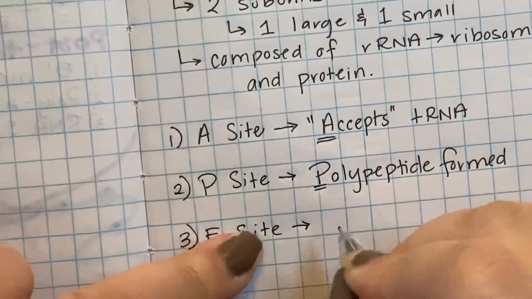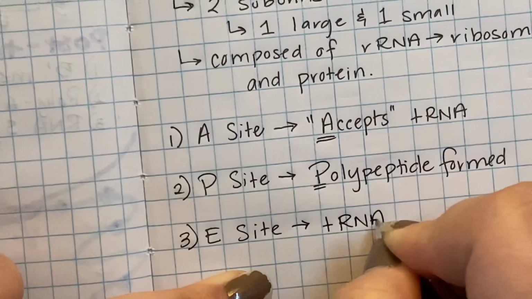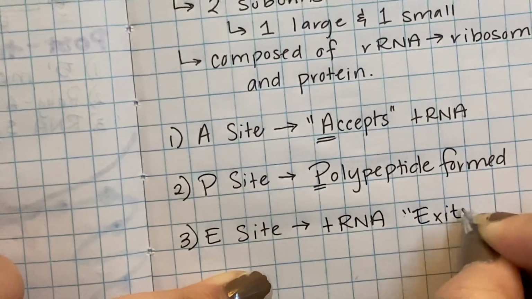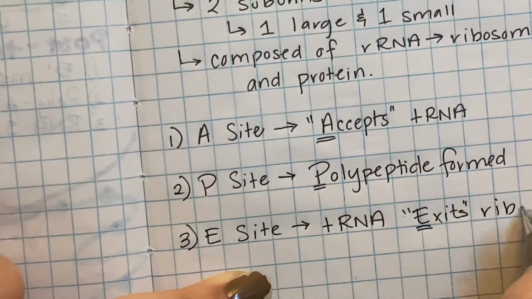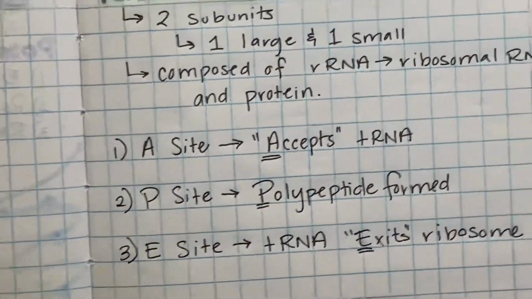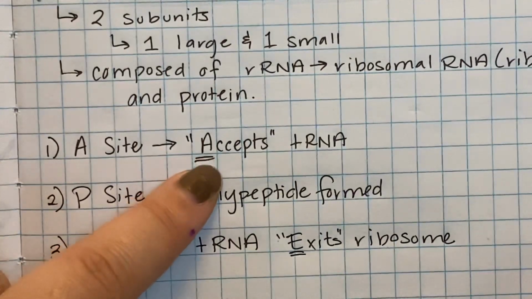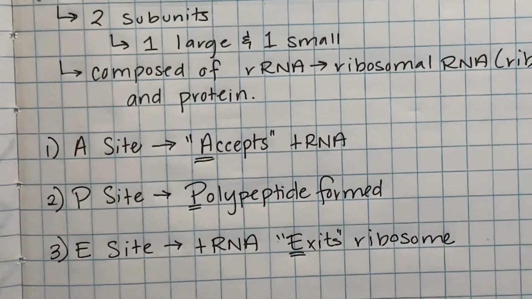This is when the tRNA will exit the ribosome. So that tRNA will have its amino acid cleaved, it'll bind to the ribosome, and then it will leave the ribosome.